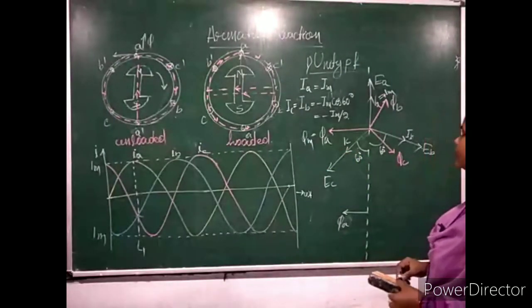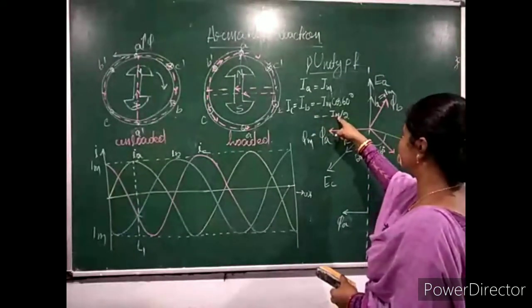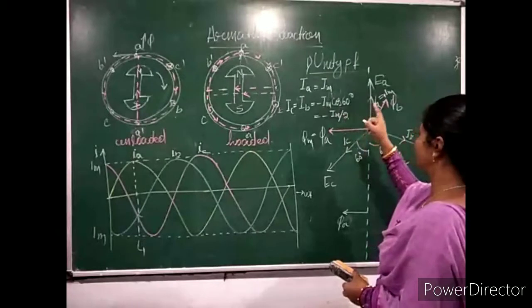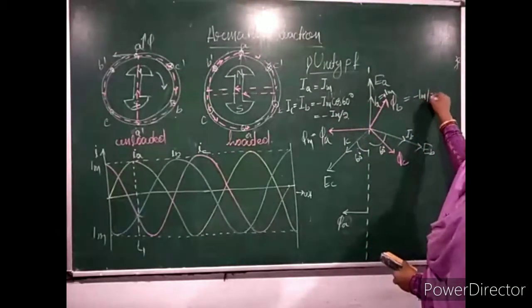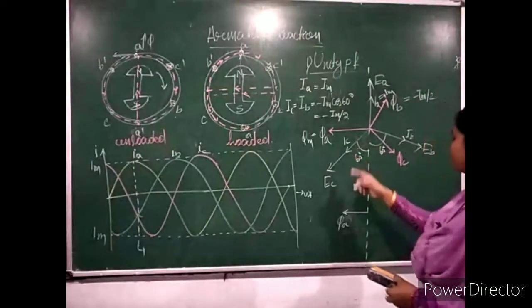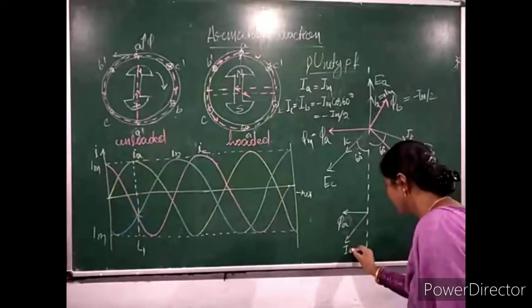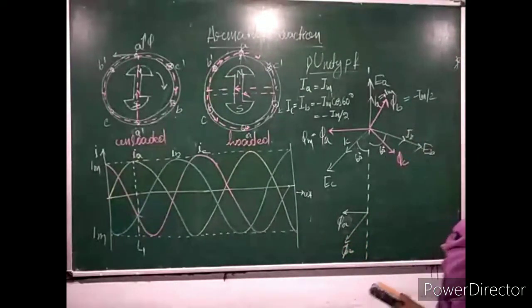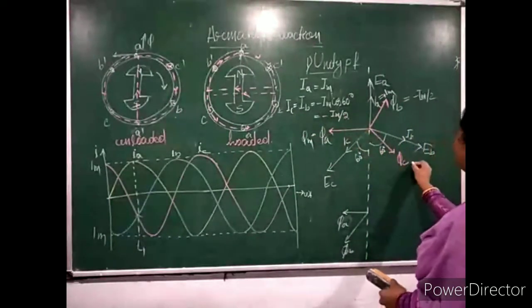Then what is the value of phi B? It is minus Im by 2. So I take the reverse of this one, means this part. It is phi B. Then phi C, as Ic is also minus Im by 2.